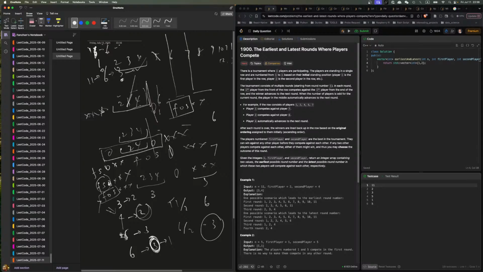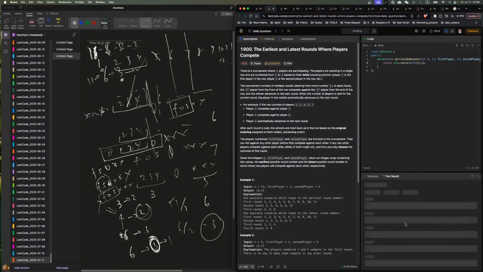Okay. 16 will be 8, will be 4, will be 2. Right? So if I do 16, then I have 1 step, 2 steps, 1, 2, 3. So it's 4 steps. So 16 will be 4 steps.